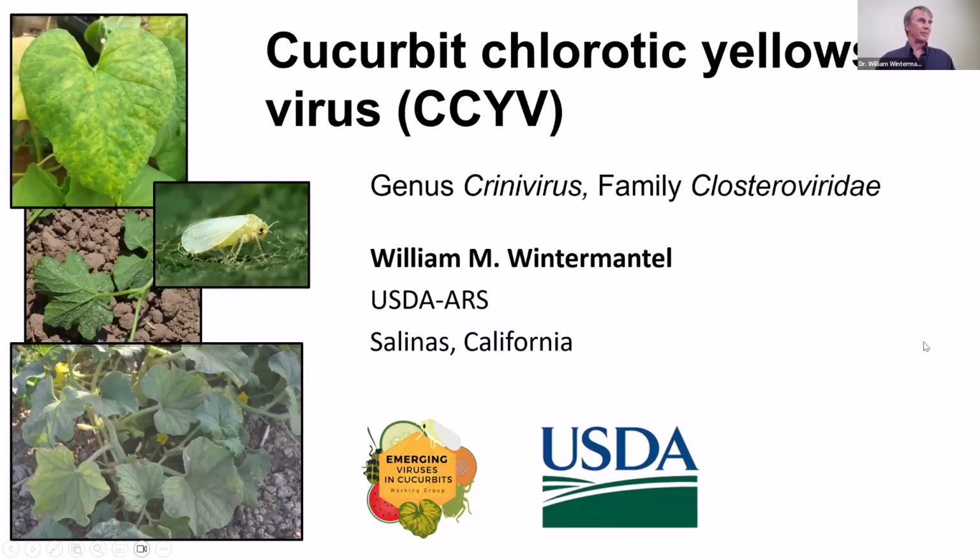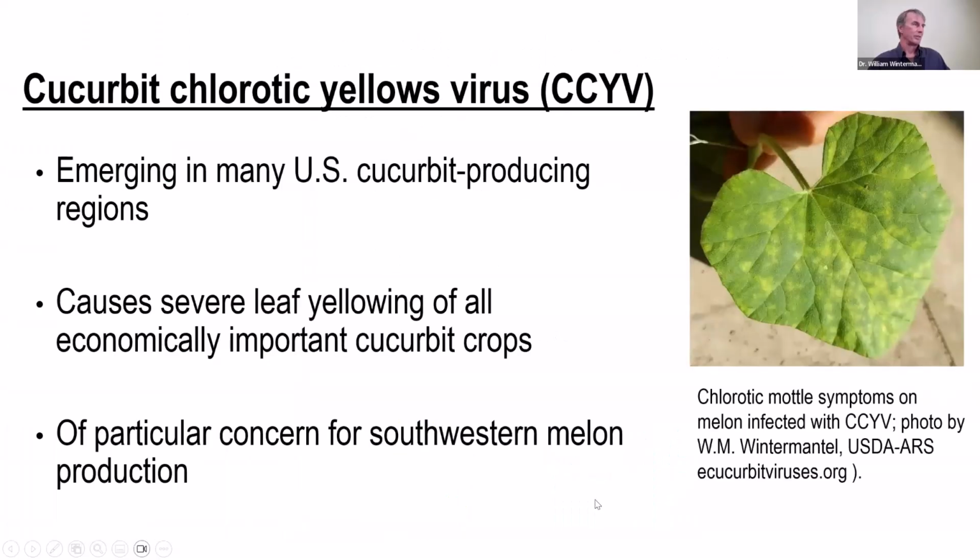So this is the second of what I would call the true yellowing viruses that we'll talk about today. Cucurbit chlorotic yellows virus has become an important part of the disease complex in the United States and many parts of the world.